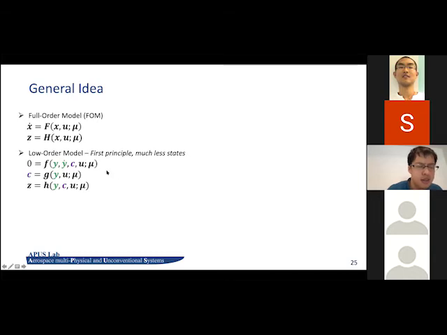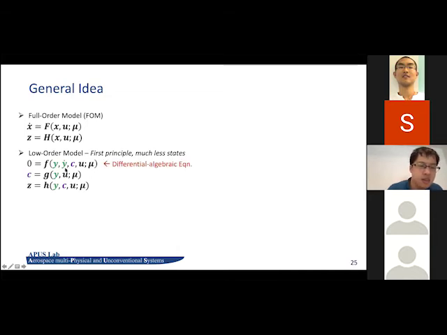Now, in the literature, or during the development of any engineering subject, we always have low order models. These are from first principle methods, and they contain much fewer states.